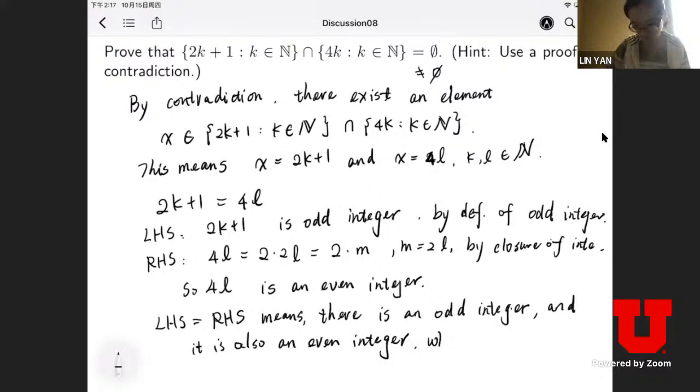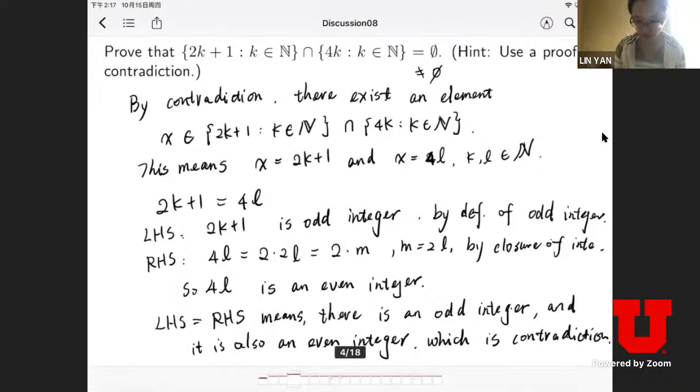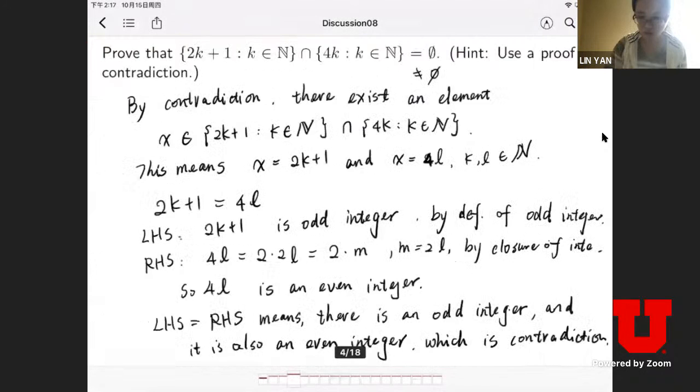And this is a contradiction. Also, you can prove by contradiction as shown by Peter. It is also right. So this is another method, and we still need to write down the conclusion.